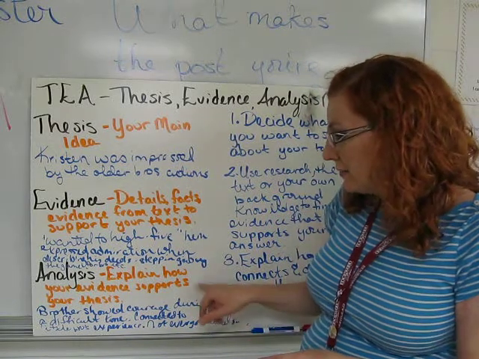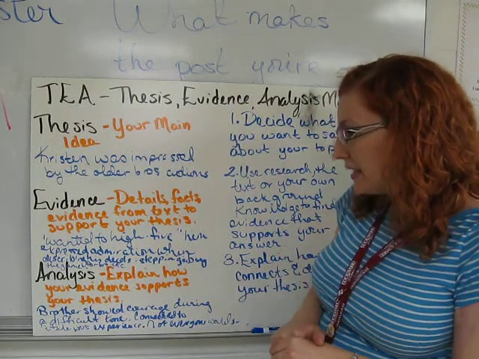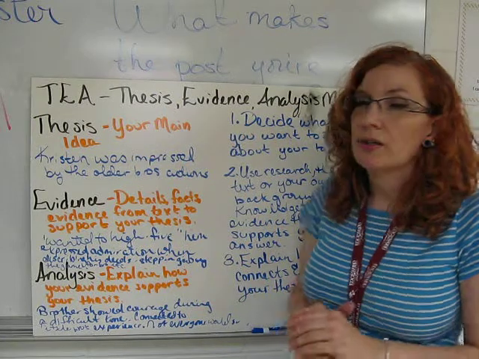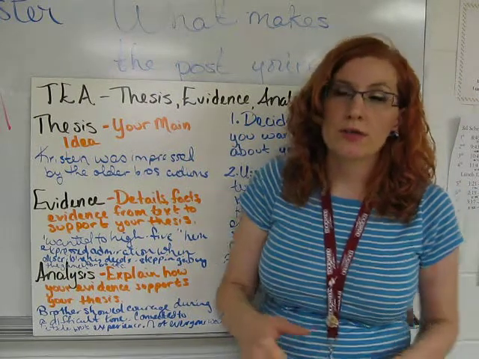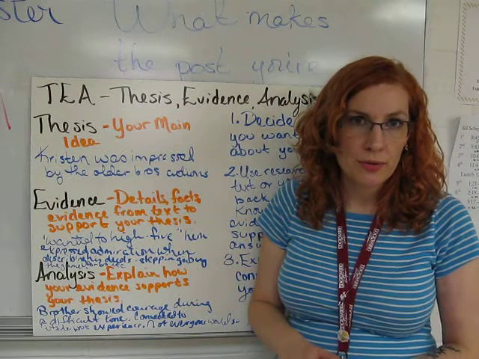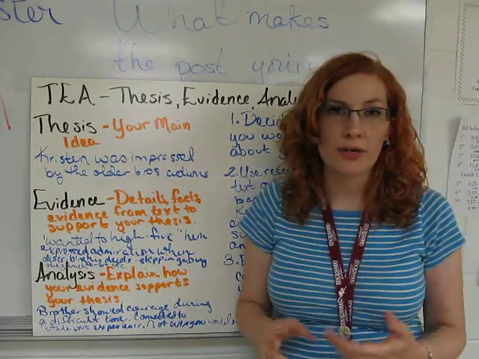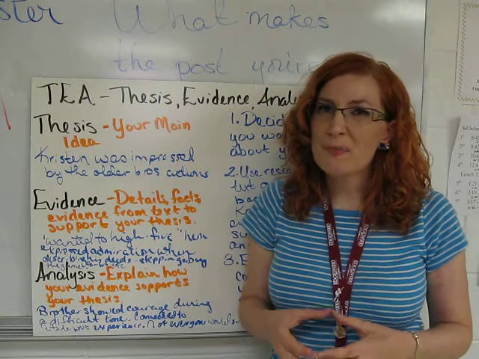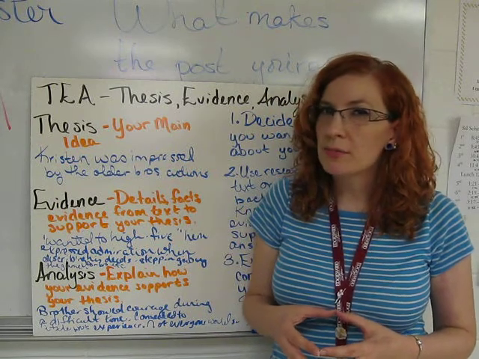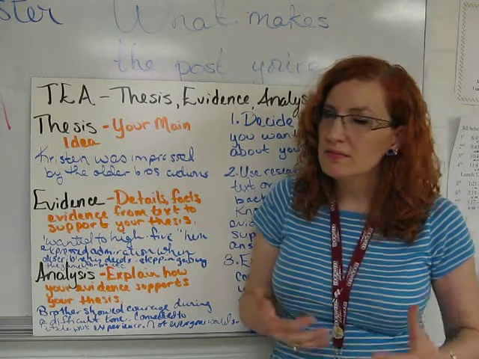Right. And then with the analysis, you explain how your evidence supports your thesis. So by standing up to his father, the brother showed support for his little brother over something that most people don't really support.